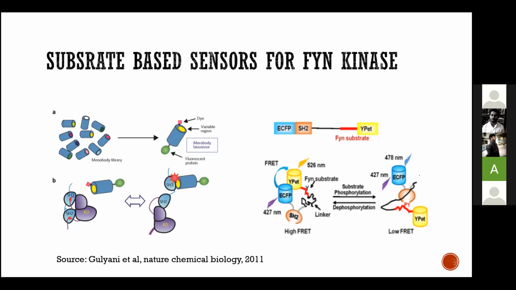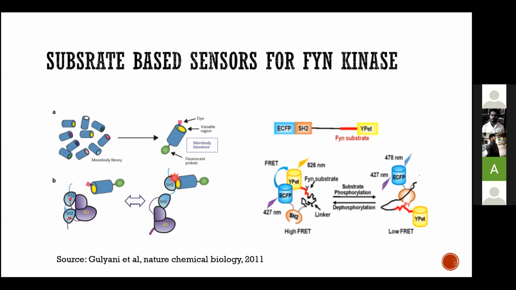In the active state, when you excite ECFP at 427 nanometer, it emits a light which in turn activates YPET, and it shows the emission at 526 nanometer. This was the basic FRET sensor that was made.